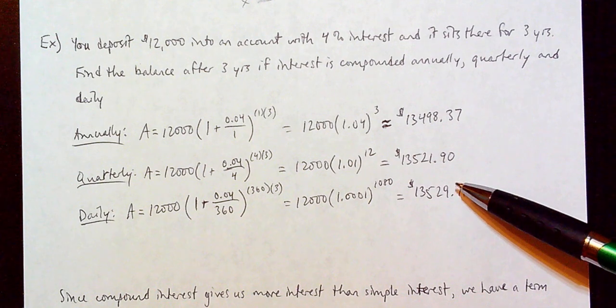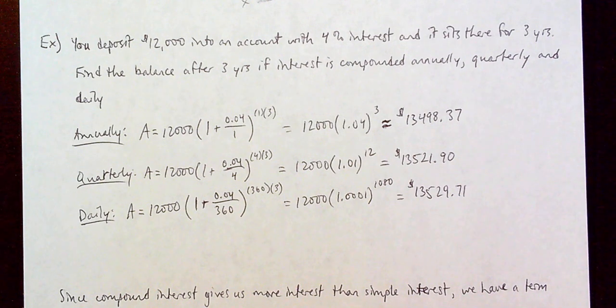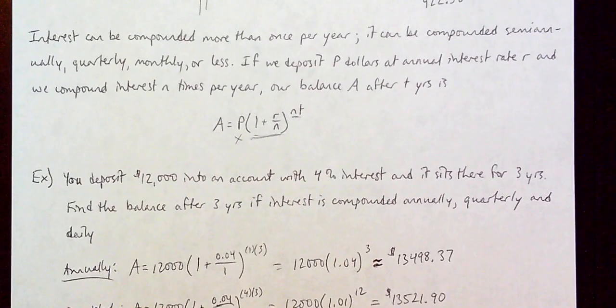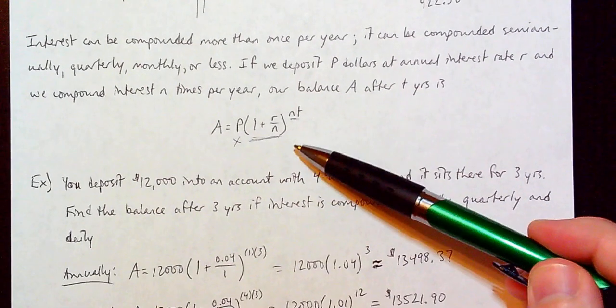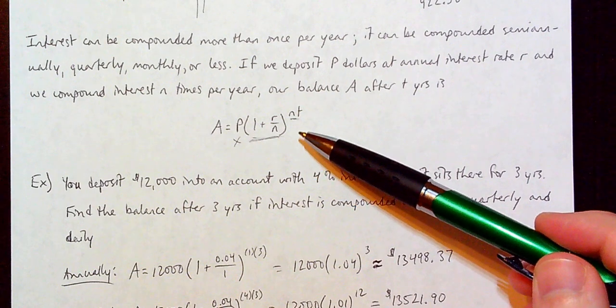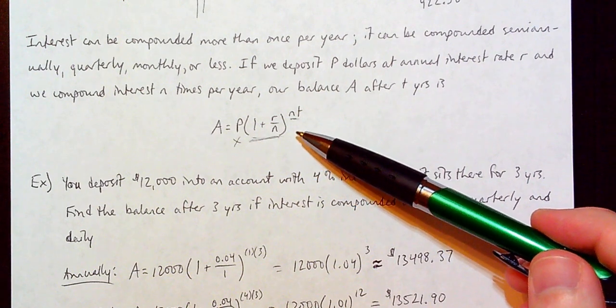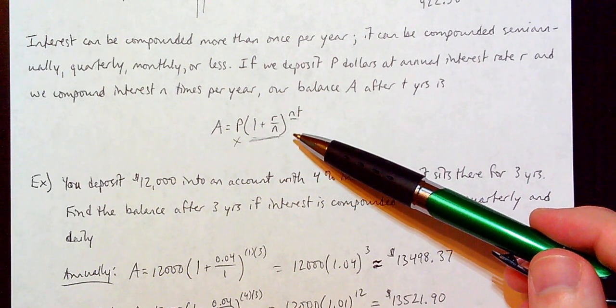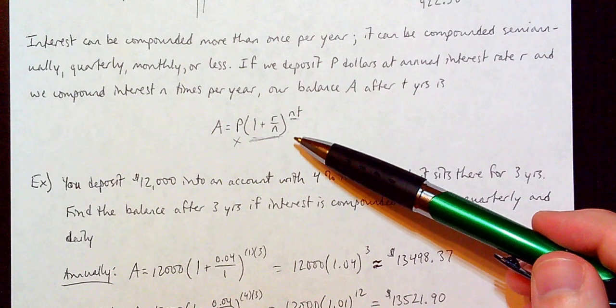As I said, not that much, but hey, every extra dollar helps, every extra buck counts. So this is one sample problem, but a few separate uses of our formula for the future value of a savings account when interest is compounded. Or we use compound interest, not simple.